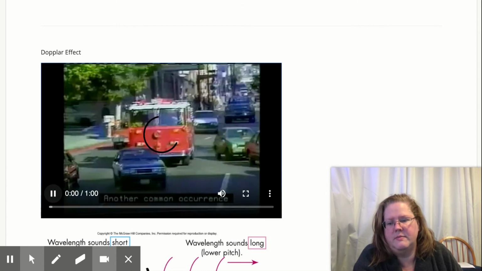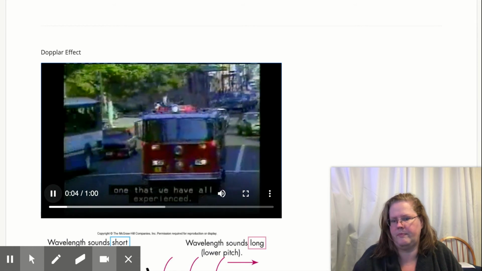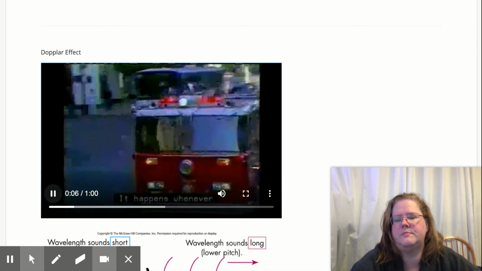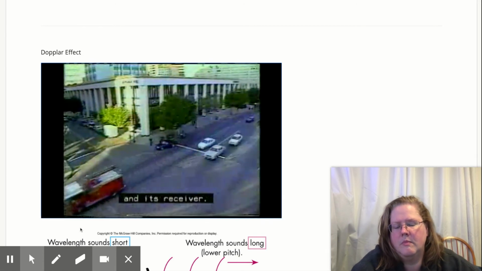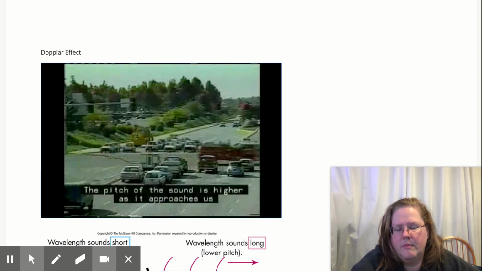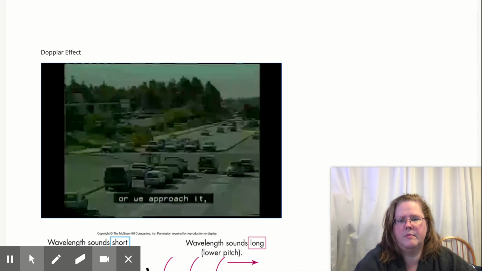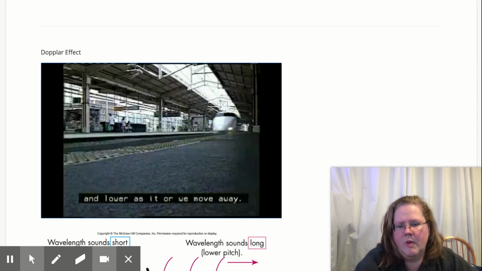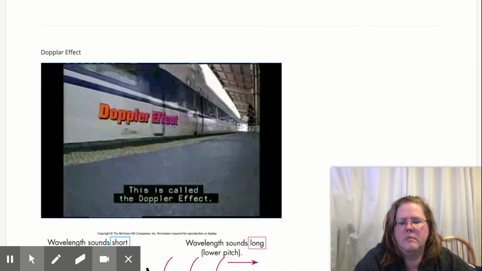Another common occurrence that depends on the frequency of sound waves is one that we have all experienced. It happens whenever there is motion between the source of a sound and its receiver. The pitch of the sound is higher as it approaches us, or we approach it, and lower as it or we move away. This is called the Doppler effect.